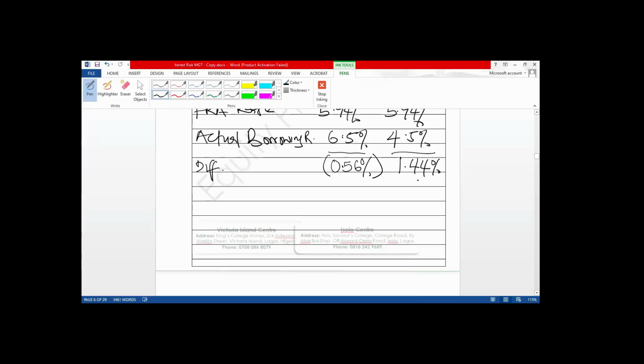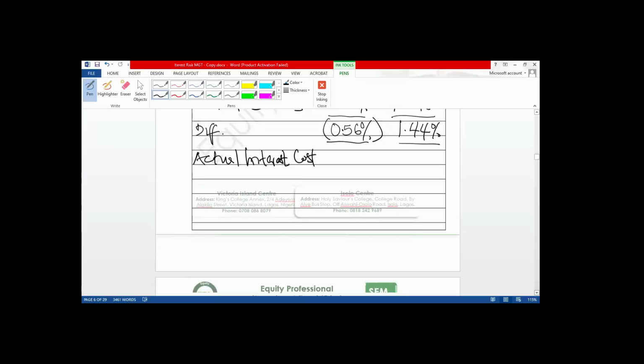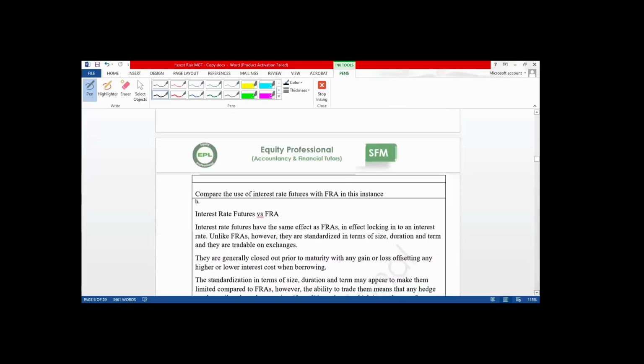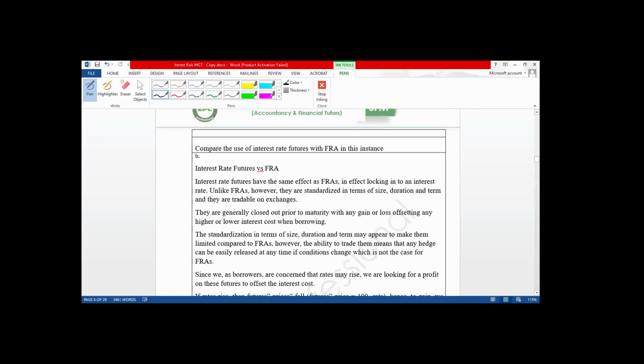You now come here. Your actual interest cost. The actual interest cost for scenario 1, let's go down and do the working. We have to create space.